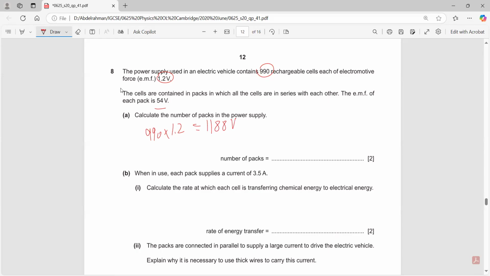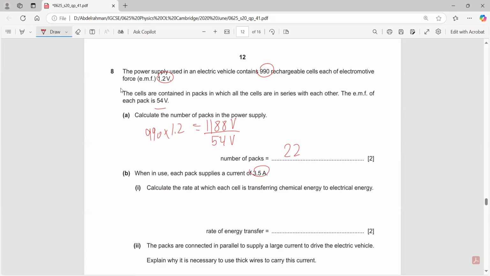The voltage of each pack is 54 volts. So 1188 divided by 54 gives a total of 22 packs. Why? Because 22 times 54 gives 1188.